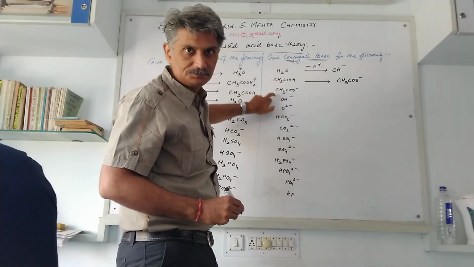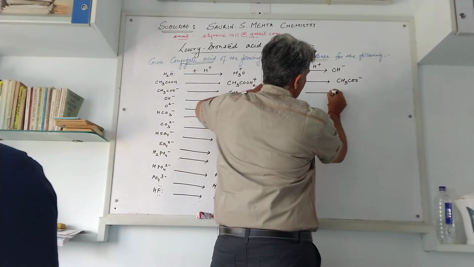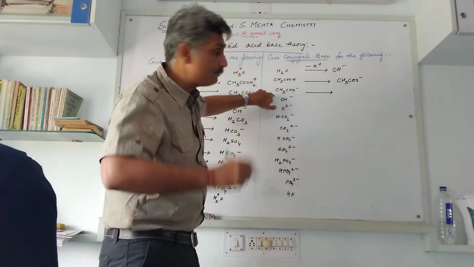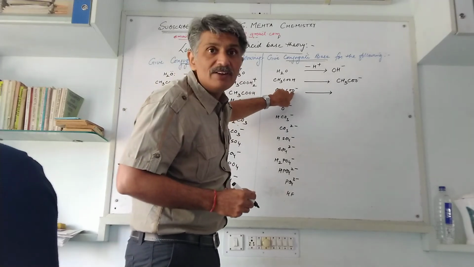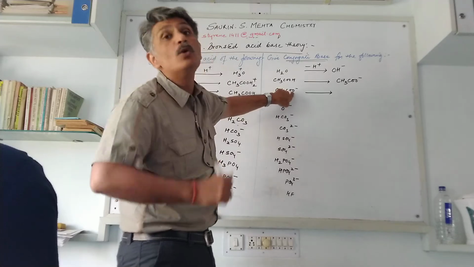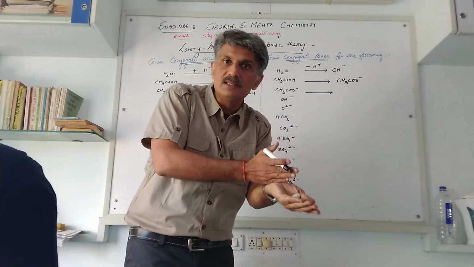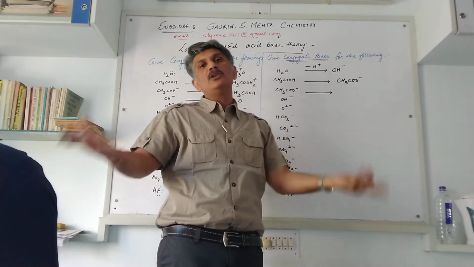Now over here, for the acetate ion, I want its conjugate base. Interesting, and keep it in mind. Do we have an H with respect to COO which can be ionized? We don't. If you don't have a proton, meaning it is in the form of a hydrogen atom, how can you lose it? You can't.